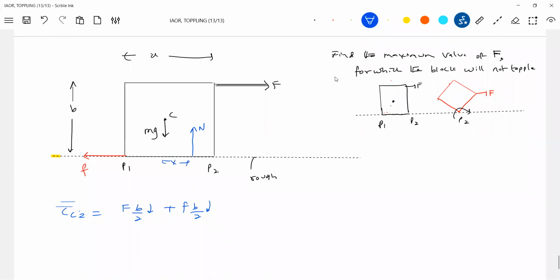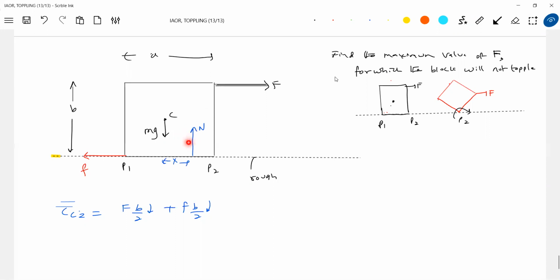I'll measure x from this particular point. I'll keep on increasing the applied force. What will happen to the normal contact? The normal contact also will shift. Earlier it was acting here. As I keep on increasing the applied force, the normal contact will start shifting.